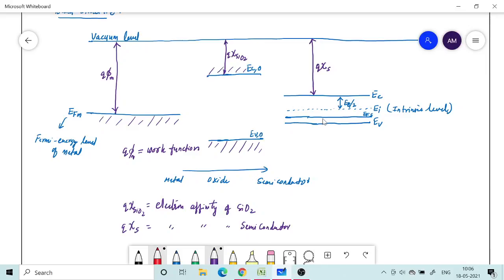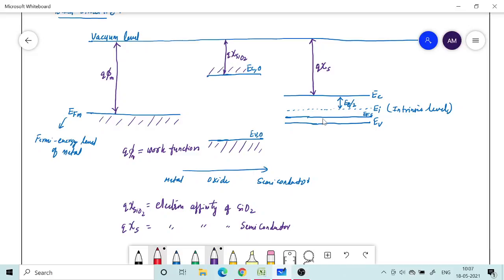And EI, I already told you, is the intrinsic level. EI is also not a physical level. EFS is also not an actual energy level where an electron can go in. They are theoretical concepts which will be very useful to explain certain things.